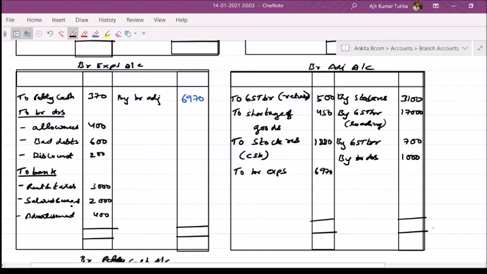3,100, I am taking credit side, plus 17,000 plus 1,700, 21,800. 21,800 minus 950 minus 1,880 minus 6,970, 12,000.